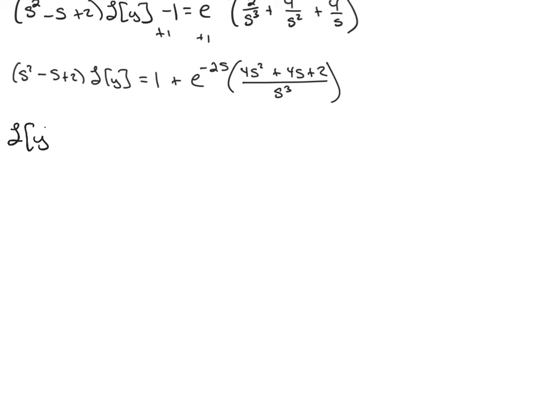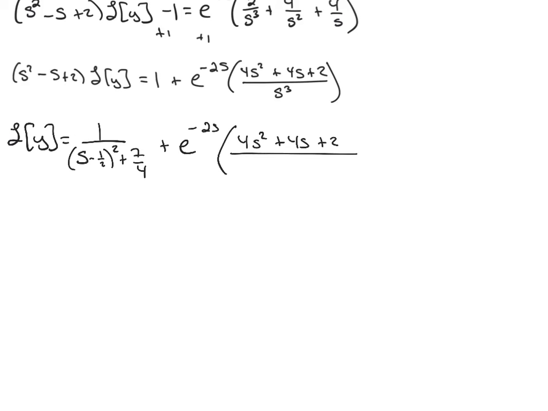So our Laplace of y is isolated, equals 1 over, and I'm going to do completing the square on that. That is s minus 1/2 squared plus 7/4, plus e to the negative 2s times 4s squared plus 4s plus 2 over s cubed times the quantity s minus 1/2 squared plus 7/4.